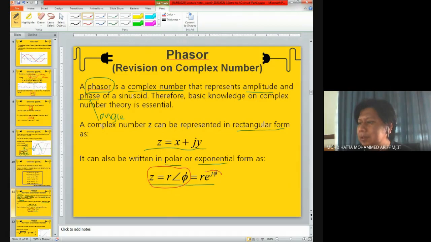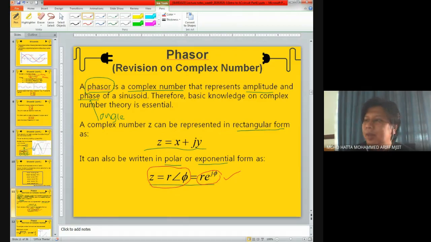The exponential form is less significant at the moment, but maybe in year 2 or year 3, perhaps in a maths subject, you will come across this exponential form of complex number.